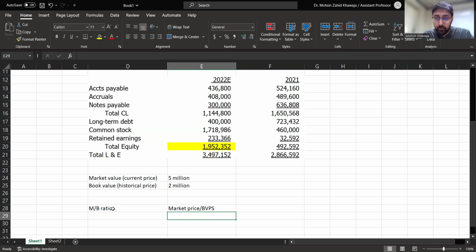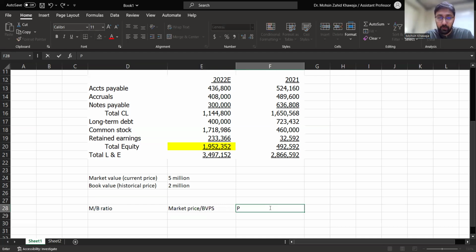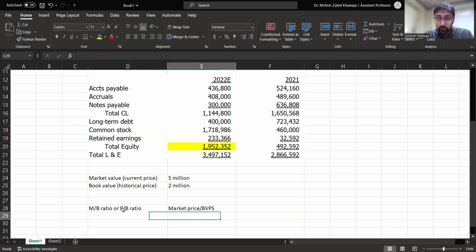We can call it the market value, but we would rather call it market price. So that is one reason this ratio is also called the price to book ratio, not just market to book ratio or the price to book ratio. Okay. So the numerator is an easy thing. We just need the price.